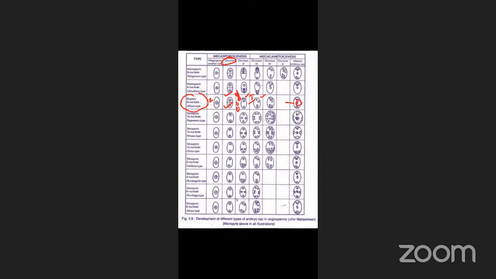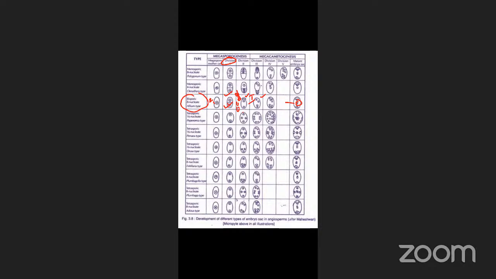This is Allium type. Another type of bisporic is Endymion. Endymion is also the same process, with only one change. After formation of four nuclei, the two nuclei from the chalazal side are destroyed. That is the Endymion type. When they degenerate from the micropylar side, that is the Allium type.